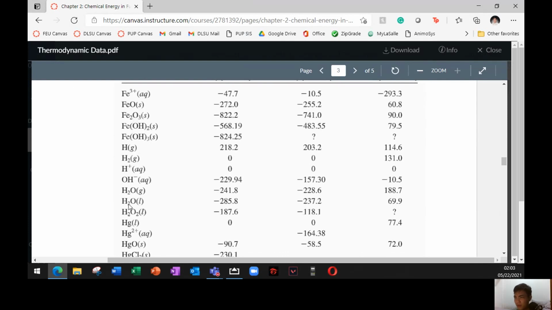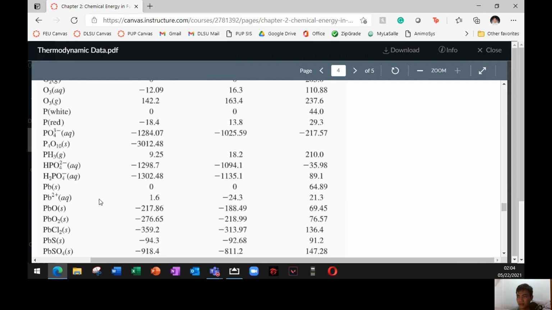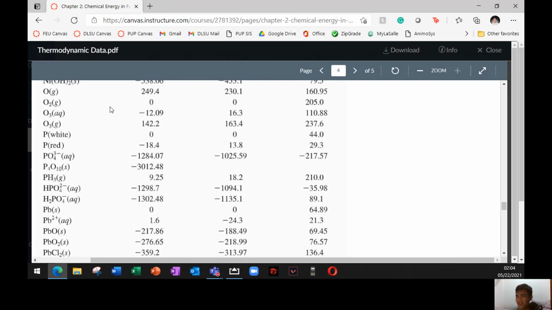So, for water, liquid water, this is the delta G value, negative 237.2 kilojoule per mole. Kailangan liquid. Hydrogen gas, H2 gas, ito, so 0. And then oxygen gas is also 0, I think. Yes, 0 din siya. Okay?